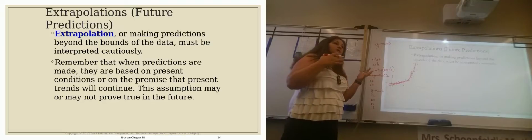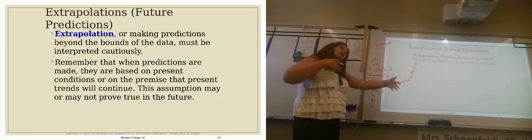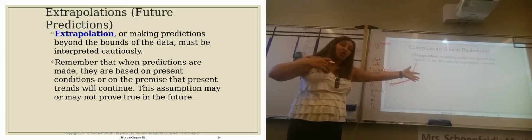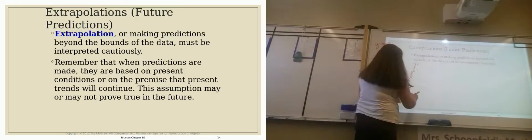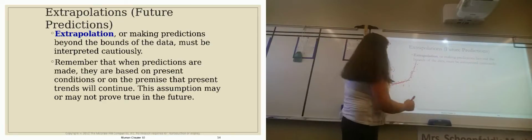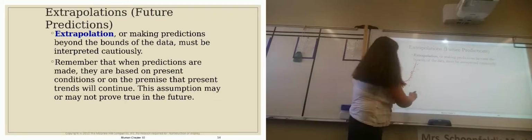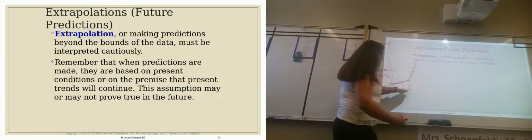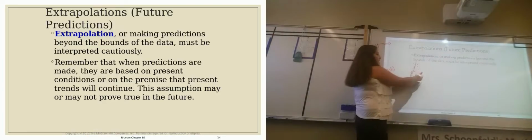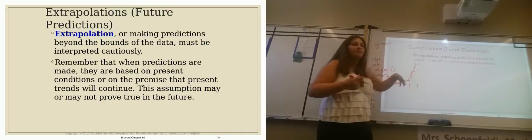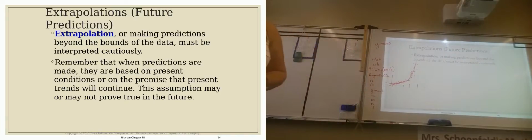So you can use your equations to make those predictions later on, but there can't be too big of a gap. If I had done between here and here, that probably would have been okay. It still is pretty close to the line. But if I had asked you about something between this time and this time, that's just crazy, not even close to the line, that's a really far distance from all of them, so that just doesn't work well.